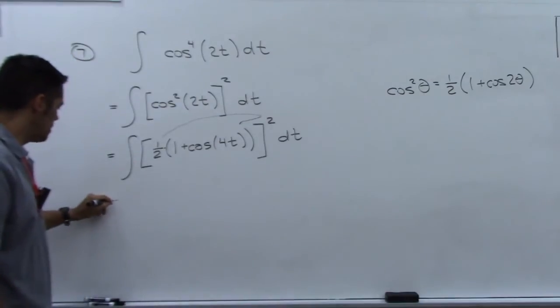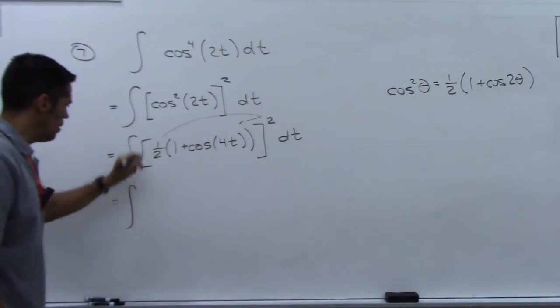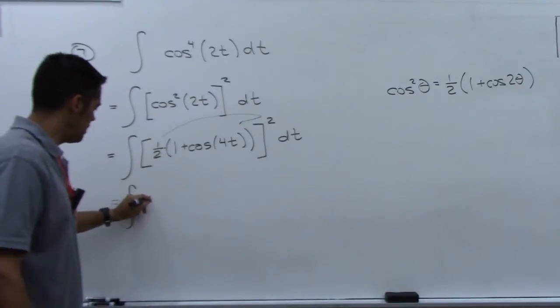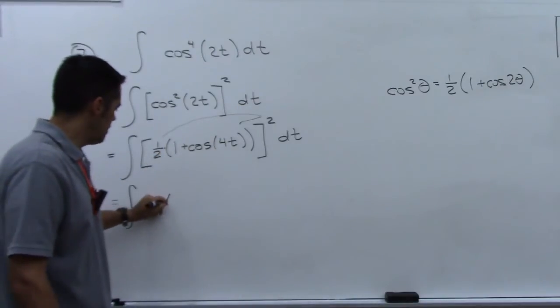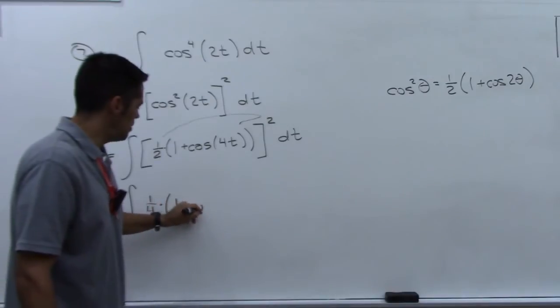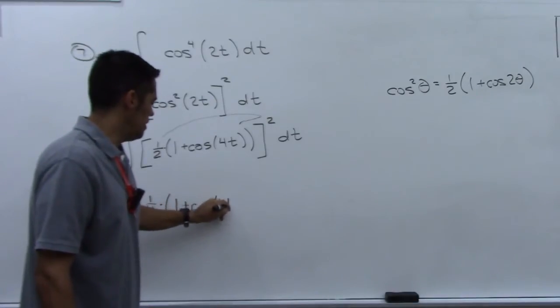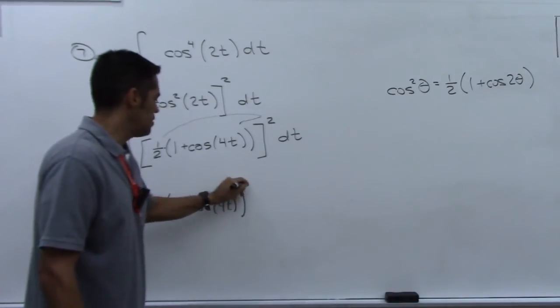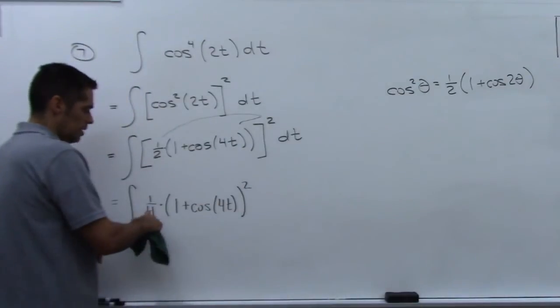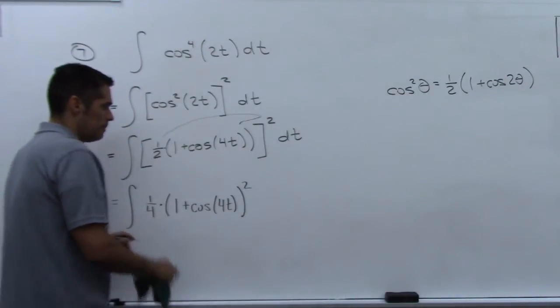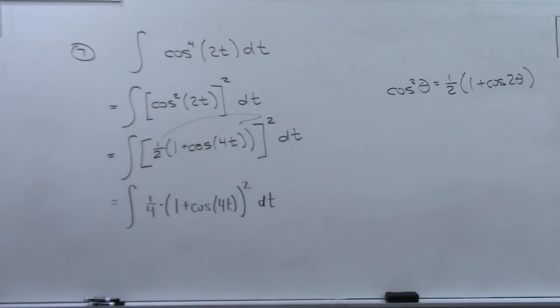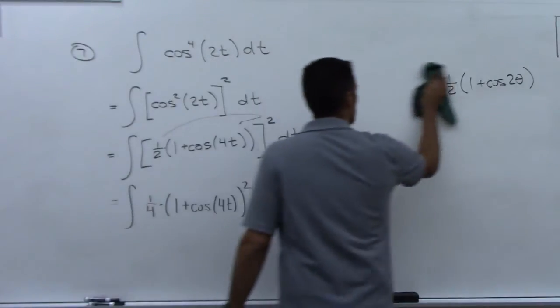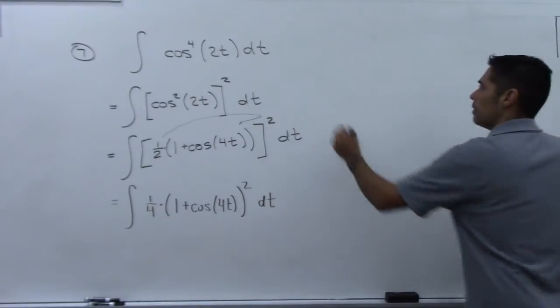So that means it becomes the integral of 1/2 squared, which is 1/2 times 1/2, that's 1/4, times this thing squared, 1 plus cosine 4t, all of that squared. Notice the squared is no longer on this. We already took care of that. And then dt. Now, the 1/4 can come out. So I have 1/4 that comes out of this problem.